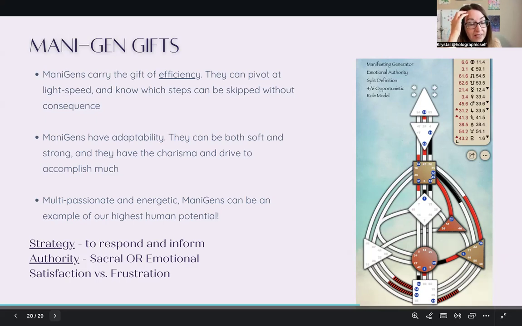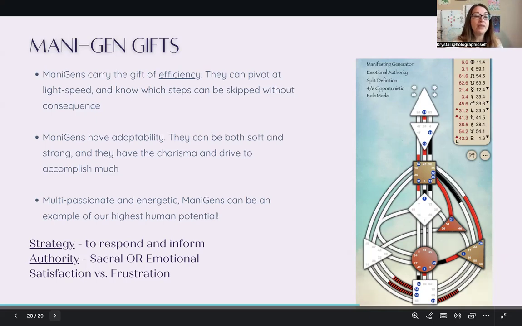Generally, Manigens can be this example of our highest human potential because they have the benefits of two charts in one, really. They have the motor to throat connection and the defined sacral. So they have the create-as-I-speak, the drive, and the willpower, whatever it is, the emotional connection. And then they also have that consistent life force energy that the defined sacral provides.